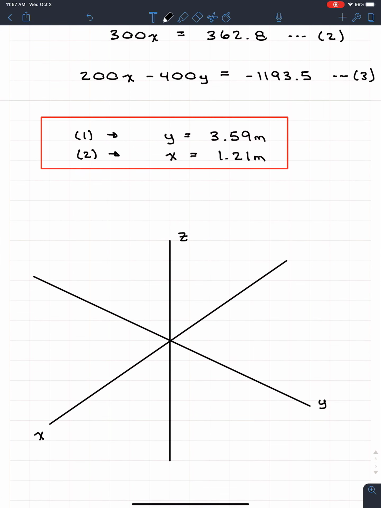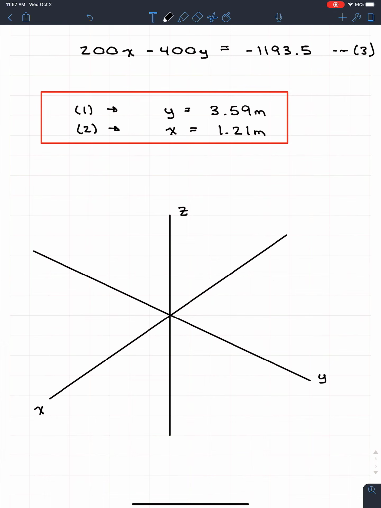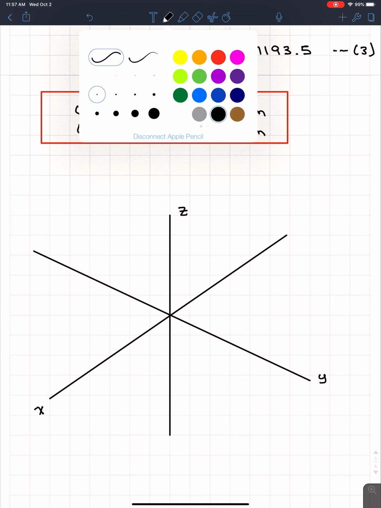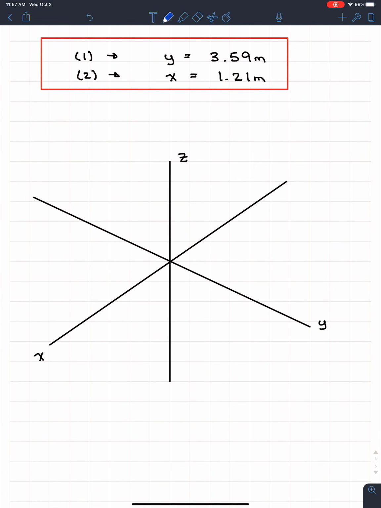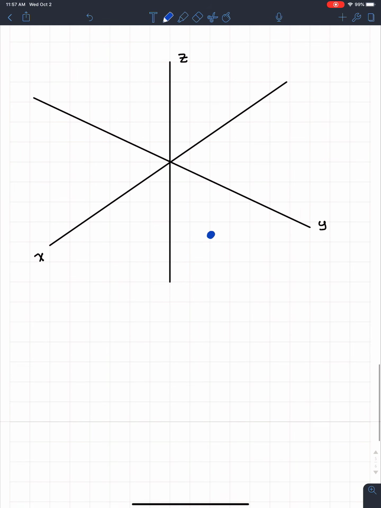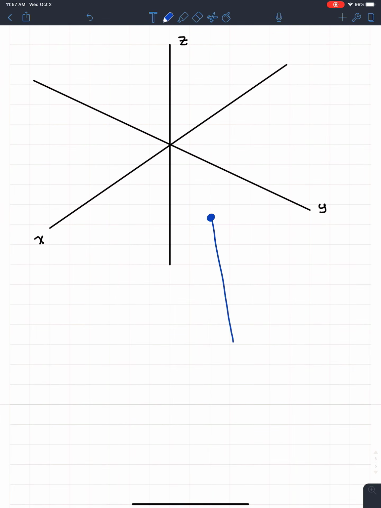And we found that point to be the 3.59 and the 1.21. So what we're going to do is put this point over here. So this is our point P, and at that point we have our force vector, which will run down something like this.